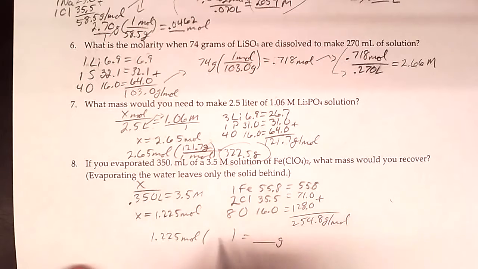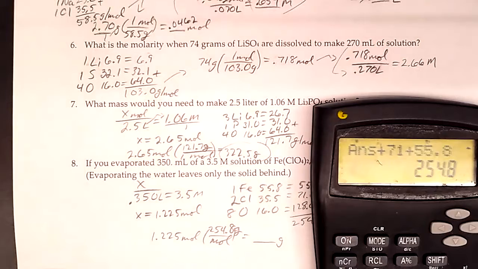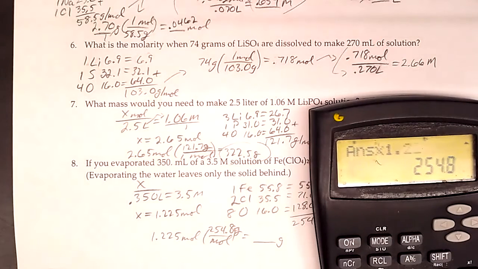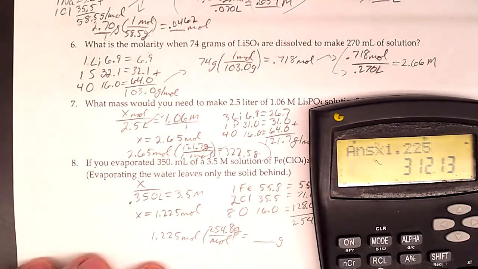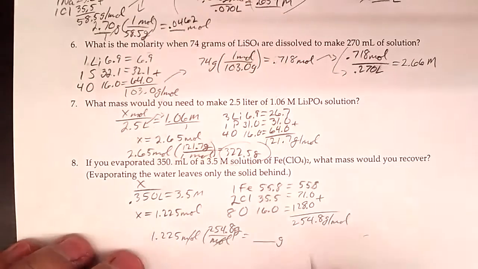And I'm going to use that number in here, of course. And we're going to multiply through, so times 1.225, and that will be the final grams because the moles will cancel out here. And let's just call it 312.